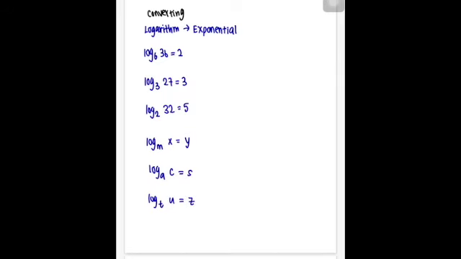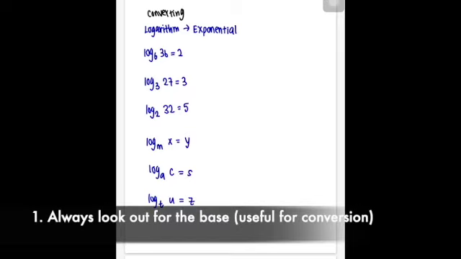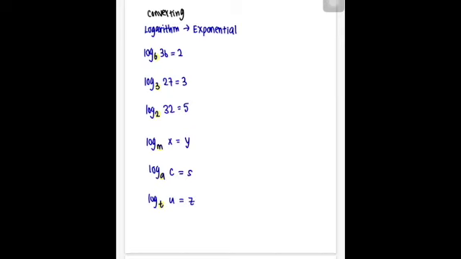Next we will try to convert it back, from logarithm to exponential. Again, always look out for the base first, as it will really help you in rewriting. All these are the bases. It's always log the base. Again, the position will switch. So 6 will go towards 2, 3 will go towards 3, and 2 will go towards 5, and so forth.